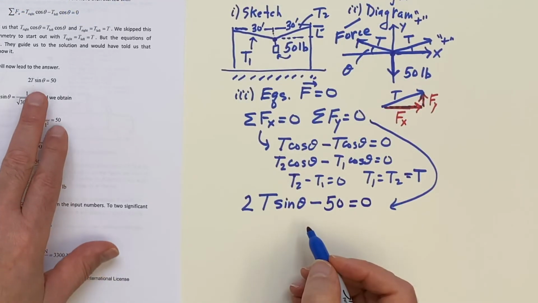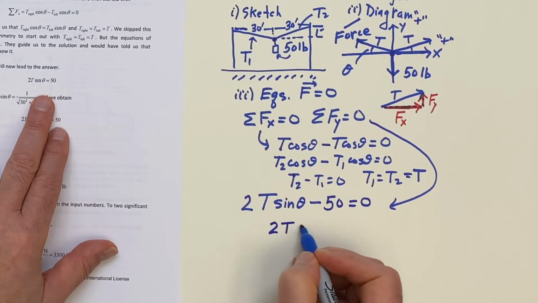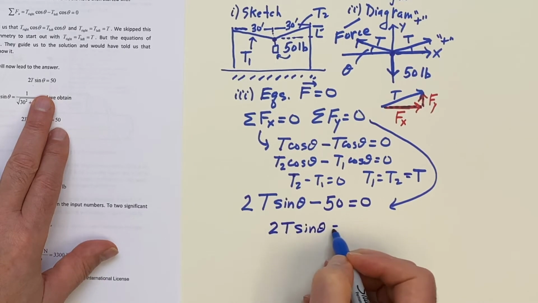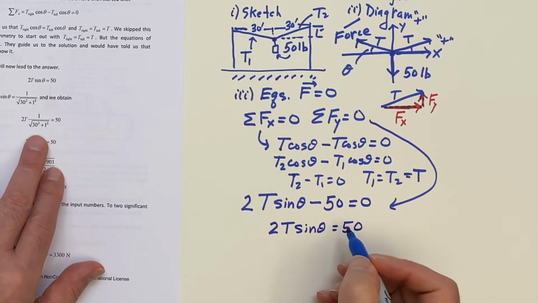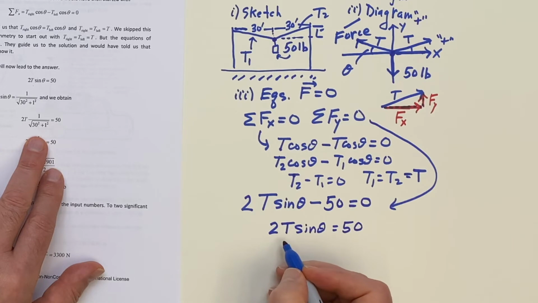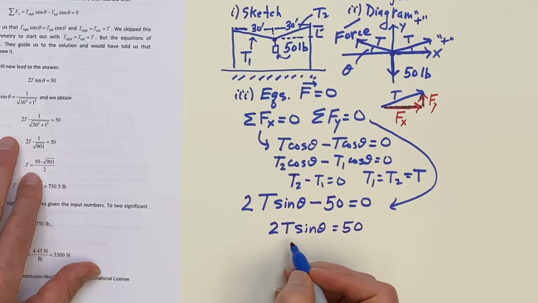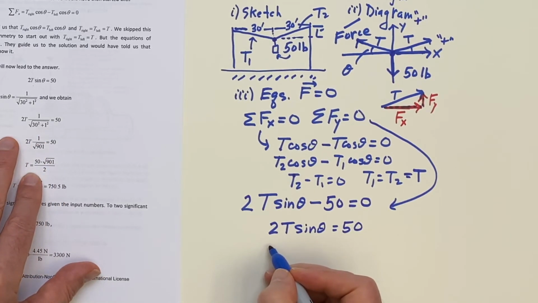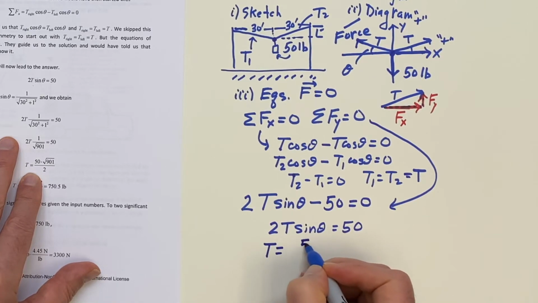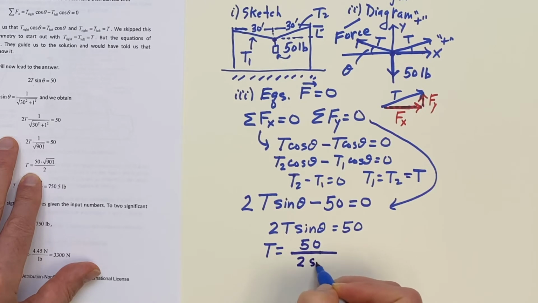So that means that 2T sine of theta equals 50. And here we could write down that T is equal to 50 divided by 2 sine of theta.